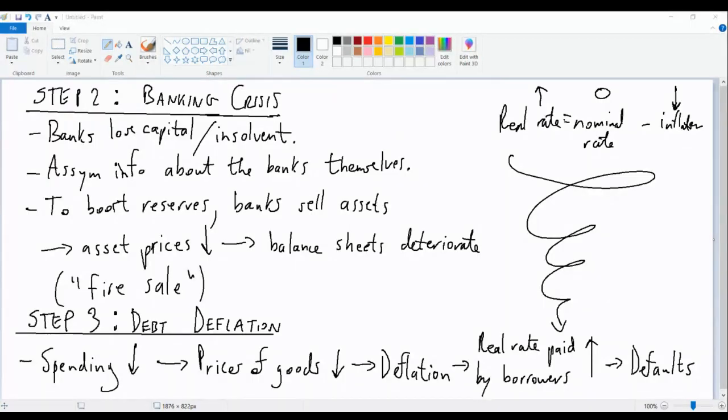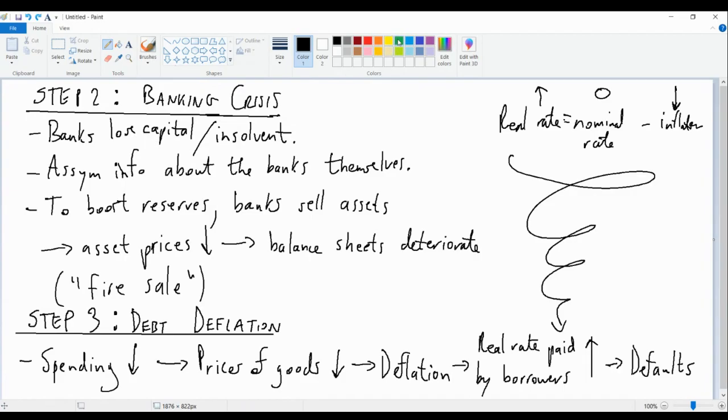well, let's think about this. There are several steps here at which some entity might intervene to try and stop the crisis from getting out of control, right? What if you could avoid things getting to this stage? Here, the problem that makes the initial phase spread into the banking crisis is that the banks are losing capital and becoming insolvent, right?